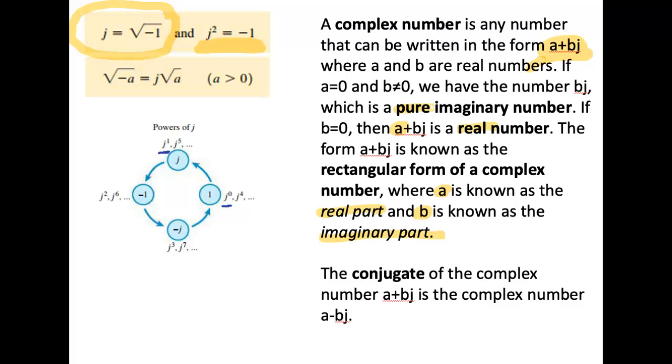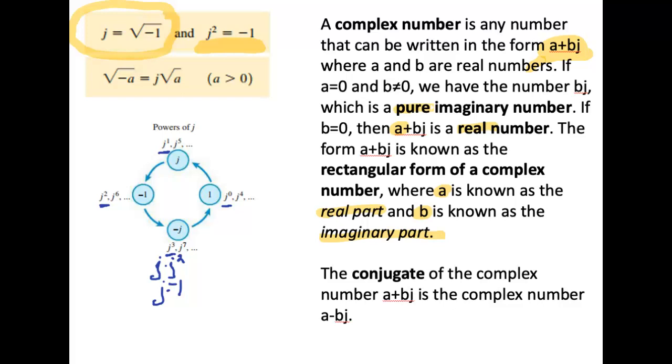And then by our definition up here at the top of the page, we have j squared, which equals negative 1. Now we don't have j to the third. So we're going to think of that as being j times j squared. The j squared equals negative 1, so we're really looking at j times negative 1. So j to the third power is equal to negative j. Okay, I hope that makes sense.